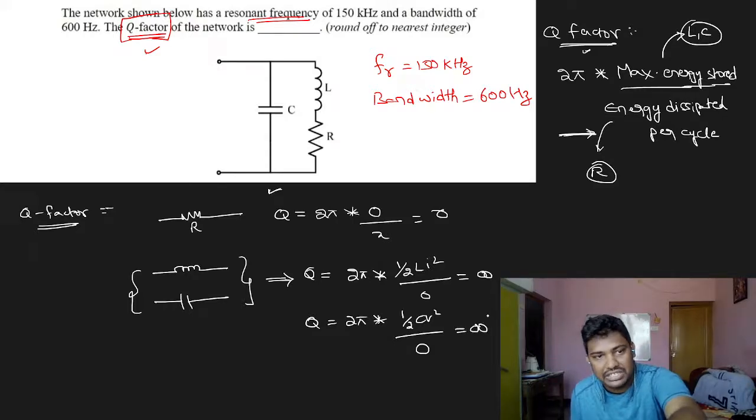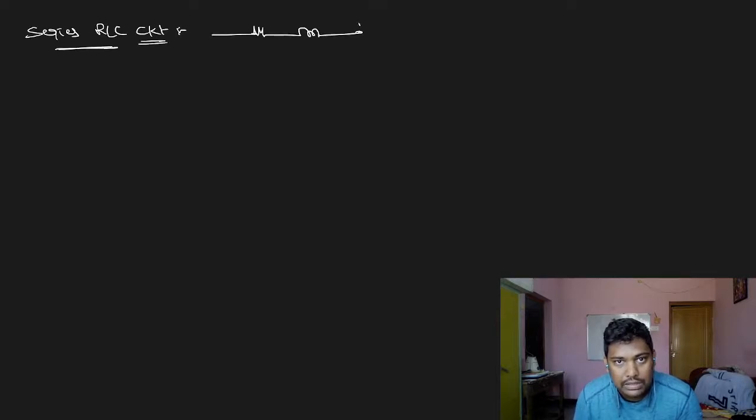In the same way, I'd like to go to the series RLC circuit directly. From there, we will get a common relation among all the parameters given. Here Q factor is generally defined as reactive impedance divided by resistance, or reactive component divided by active component.